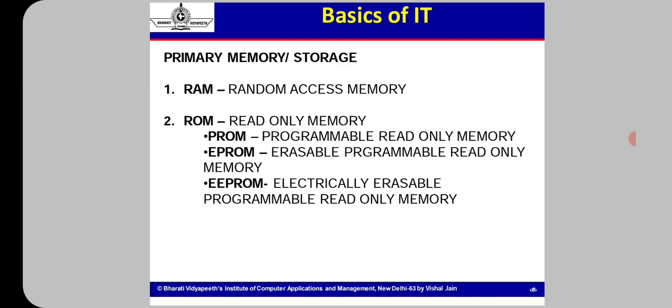RAM is the main memory of a computer, and it is also called volatile memory. What is volatile? Volatile means temporary memory. Whenever you switch off the computer, or whenever the power is gone, all the contents, all the programs, applications, software, data, information will be lost automatically.